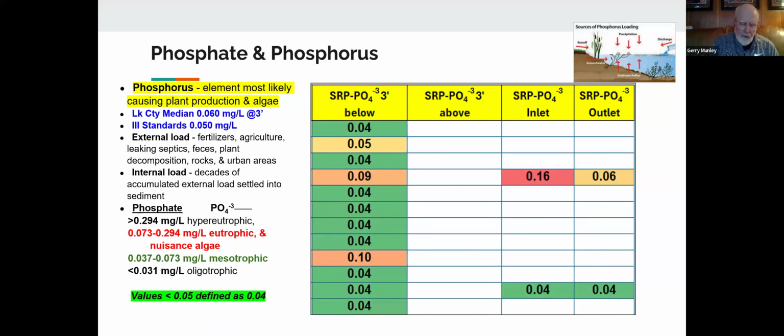So our phosphate numbers, nothing overly serious at the 3-foot depth. And that's really all I did because our deepest point was only about 7.5 feet there. But in September, there were some phosphate readings that were above the 0.07 eutrophic level, possibly phosphate being released from the sediment.